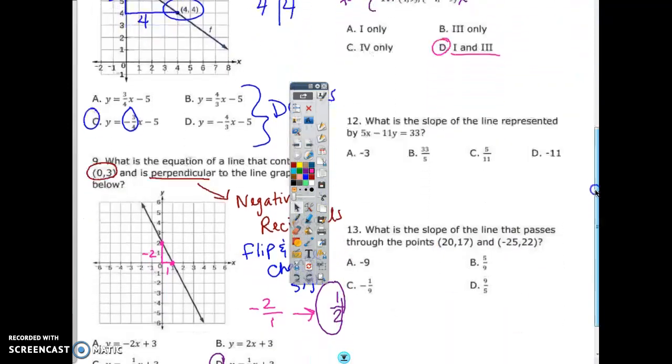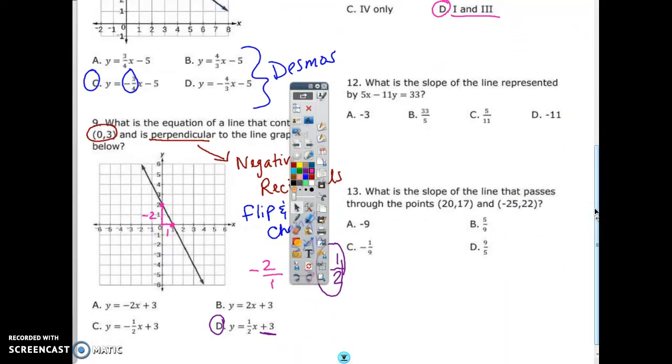Problem number 12. You need to solve for y because it's asking for the slope. So I need to solve for y. Okay, so I'm going to write down 5x minus 11y equals 33. Remember, you move the x over. Change the sign. Do not forget to change that sign or you're going to get it wrong. It was a positive, now it becomes a negative.